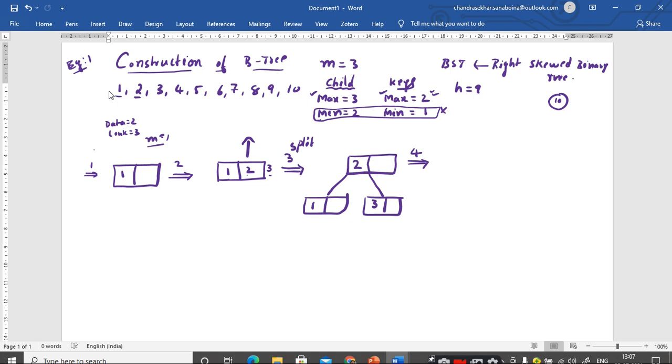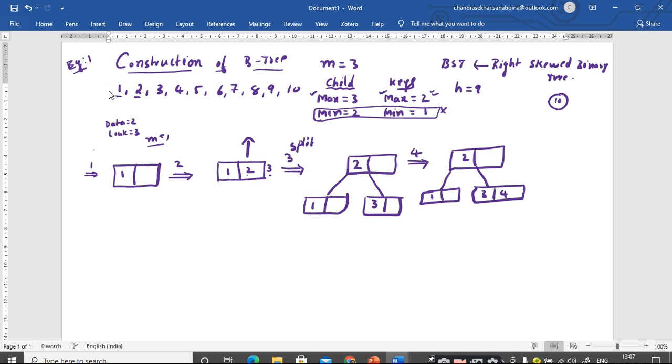What does the right side of 2 consist of? 3, sir. Is there any vacant position to place this 4? Yes, sir. So can I place it here? Where should I place 4? After 3, sir. Right, I should place 4 after 3.